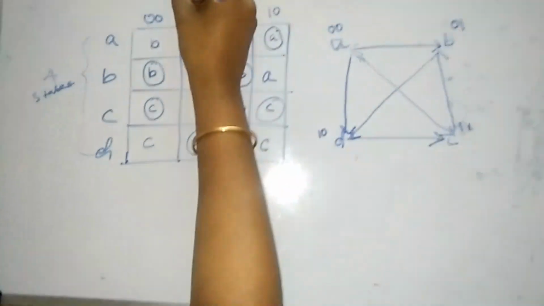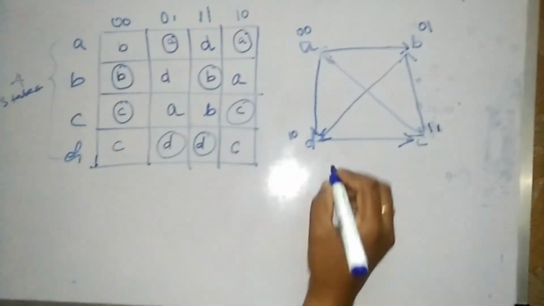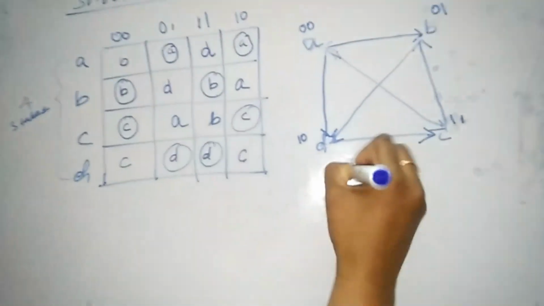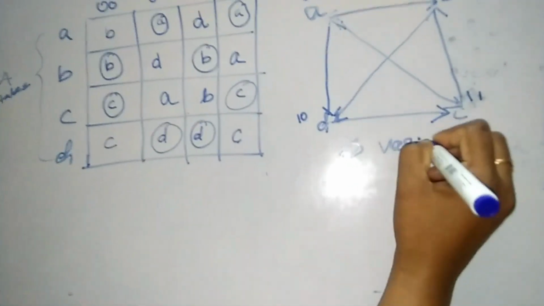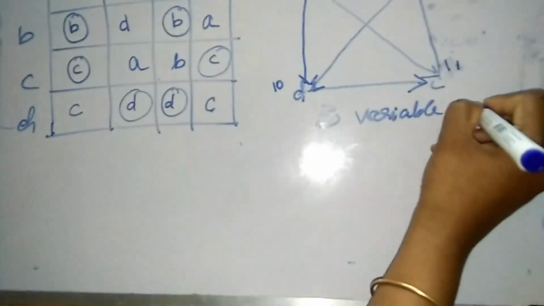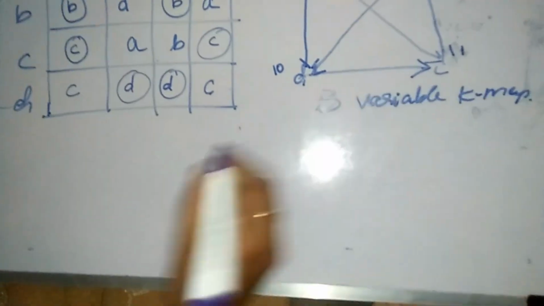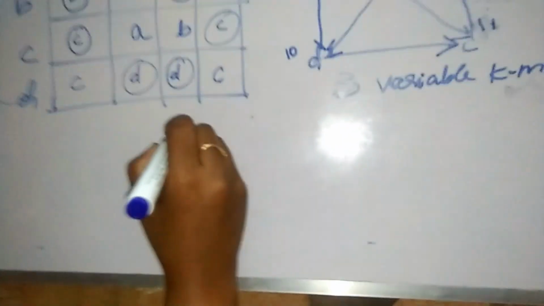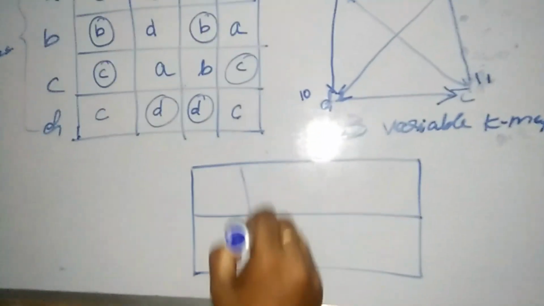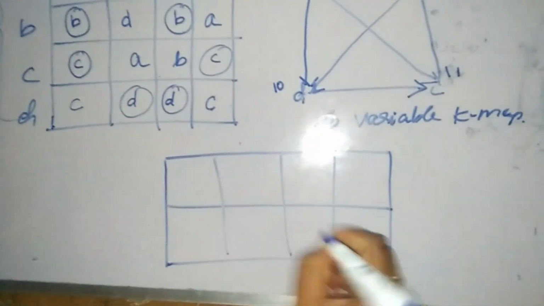So when I'm solving the shared row method, let me consider a 3-variable K-map, okay? Something like this.